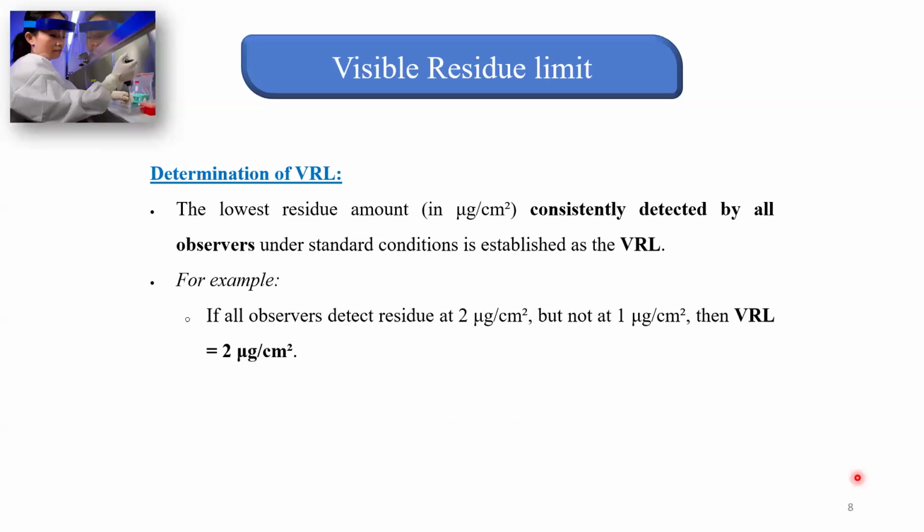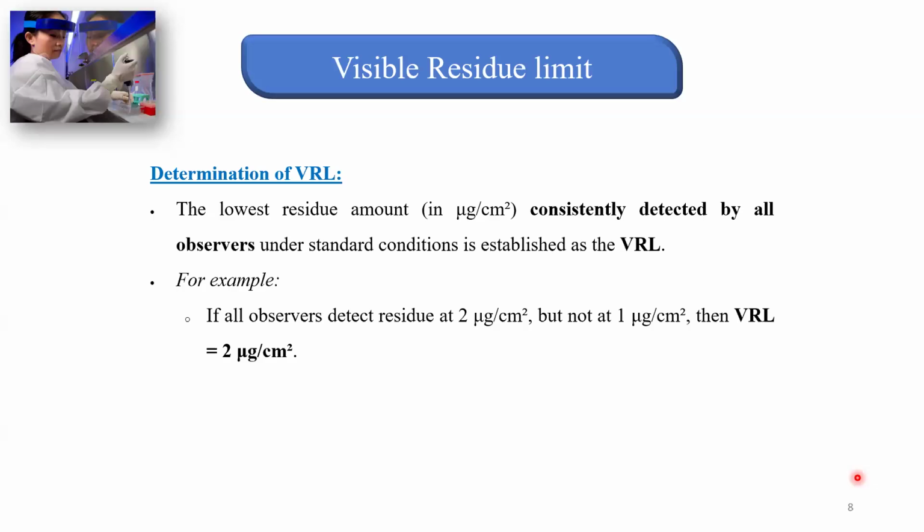Now, let us understand how the visible residue limit is finally determined. During the VRL study, panels with different residue levels are inspected by all trained observers under the same controlled conditions. The VRL is defined as the lowest amount of the residue per unit surface area that is consistently detected by all observers.